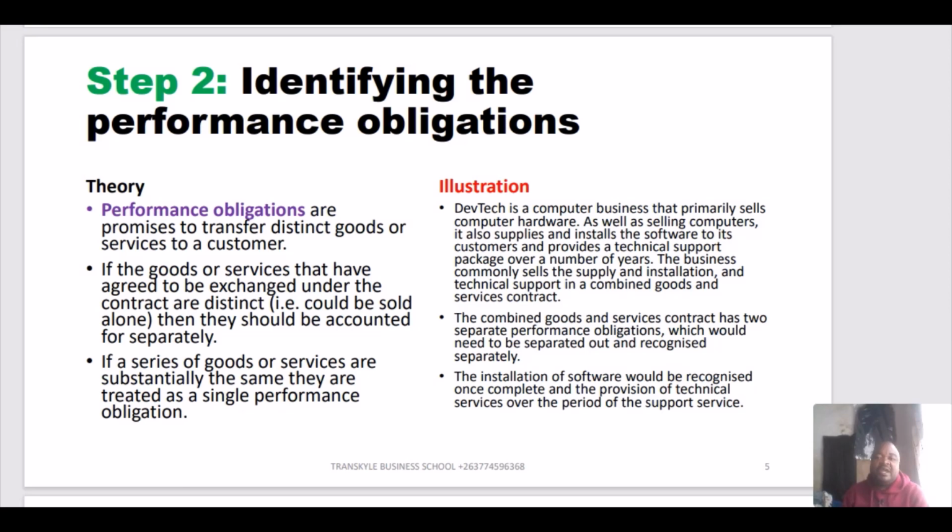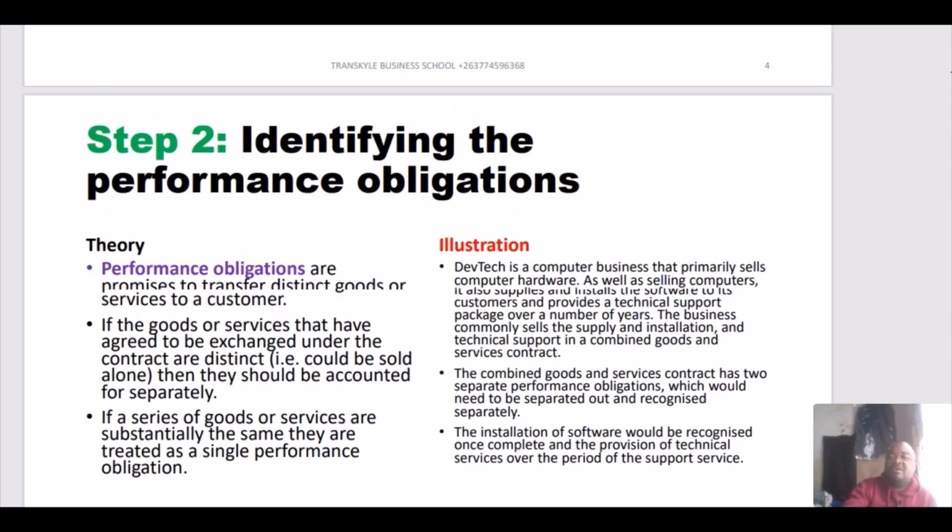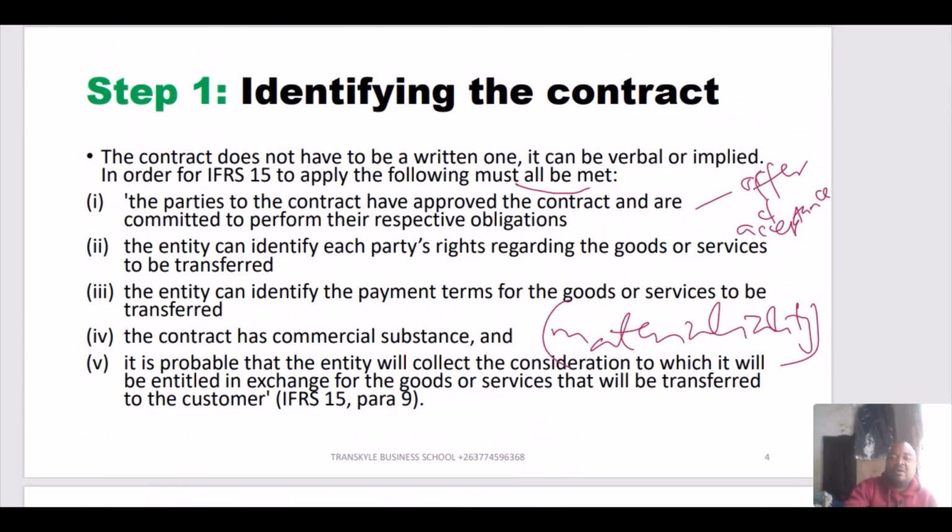We expect to be paid and so forth, and the contract has been written, implied or verbal. We have identified each party's rights regarding the goods or services to be transferred, and the entity can identify the payment terms for the goods or services to be transferred, and the contract has commercial substance. We have satisfied all these.